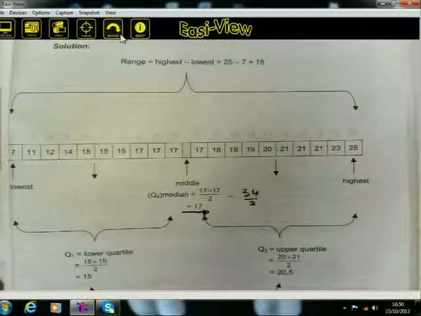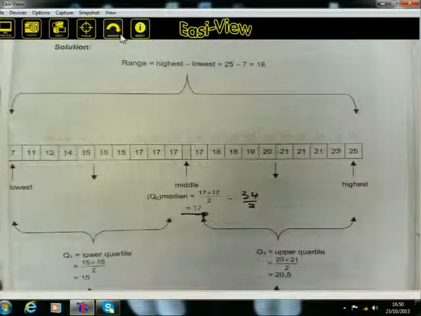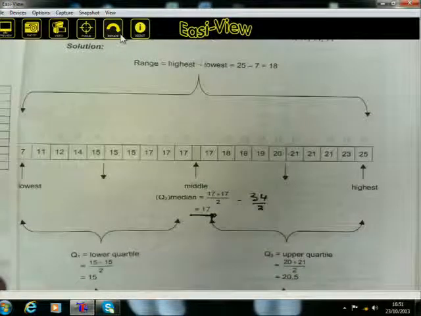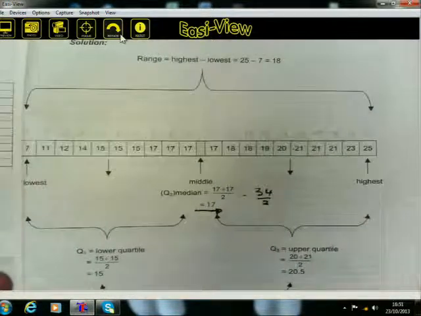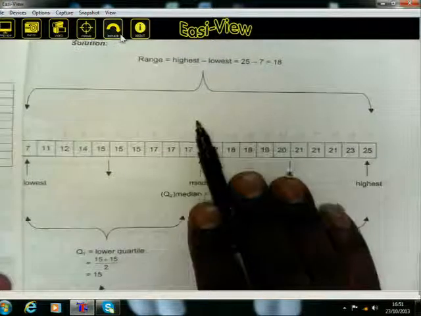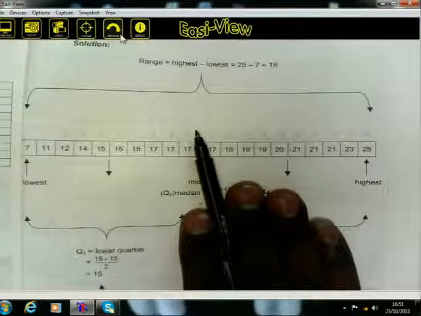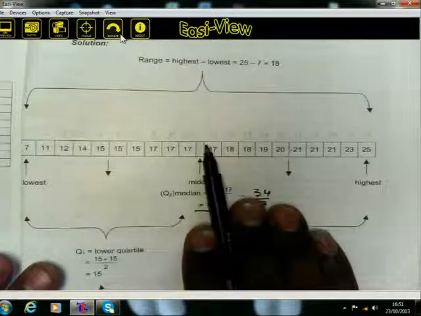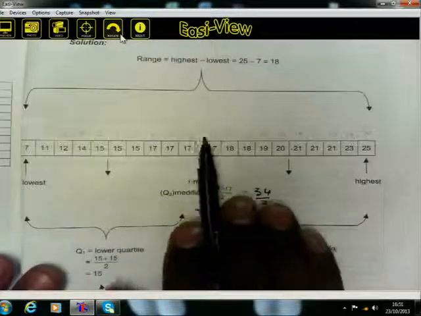Now, we go to Q1, the first quartile, which is our lower quartile. Remember, we said they are the numbers from the left of the middle number. What are those numbers from the left?